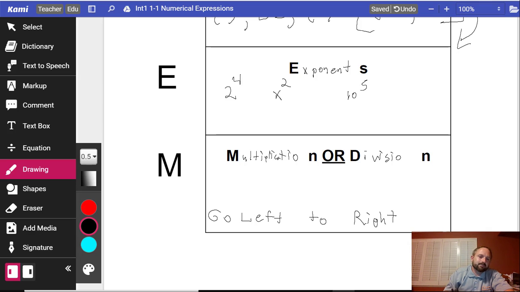If we have multiple in a row, just go left to right and resolve. So understand that if we had 4 times 1/2, that's the same thing as saying 4 divided by 2. It's the same thing, just written in a different way.